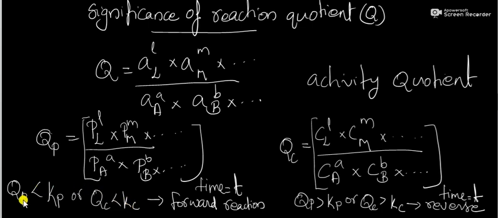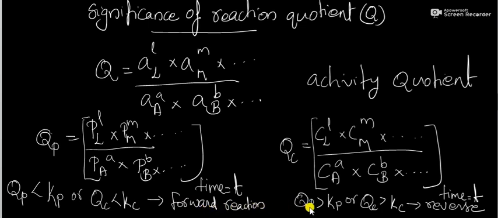That is, if Qp is less than Kp or Qc is less than Kc, the net reaction will proceed from left to right in the direction of the products to attain equilibrium. That is, the reaction will be forward reaction.